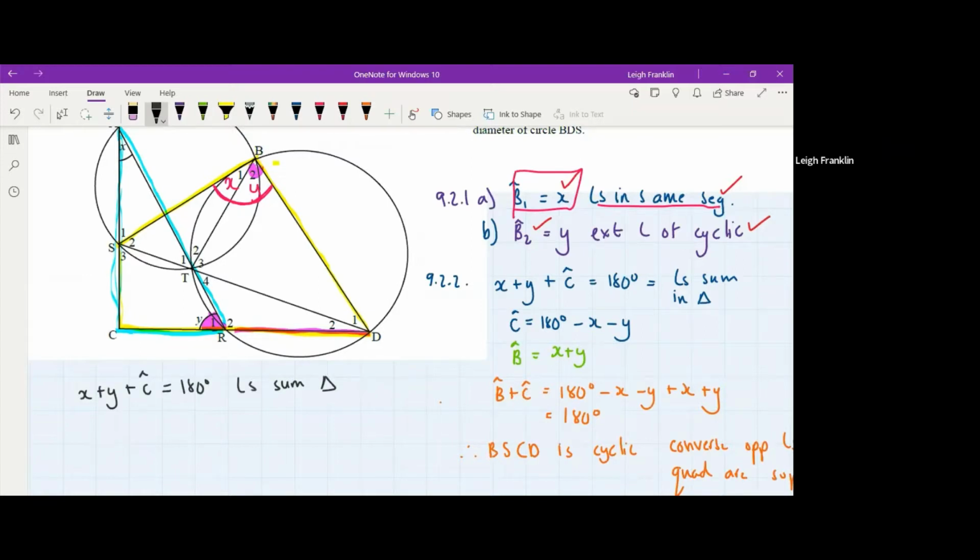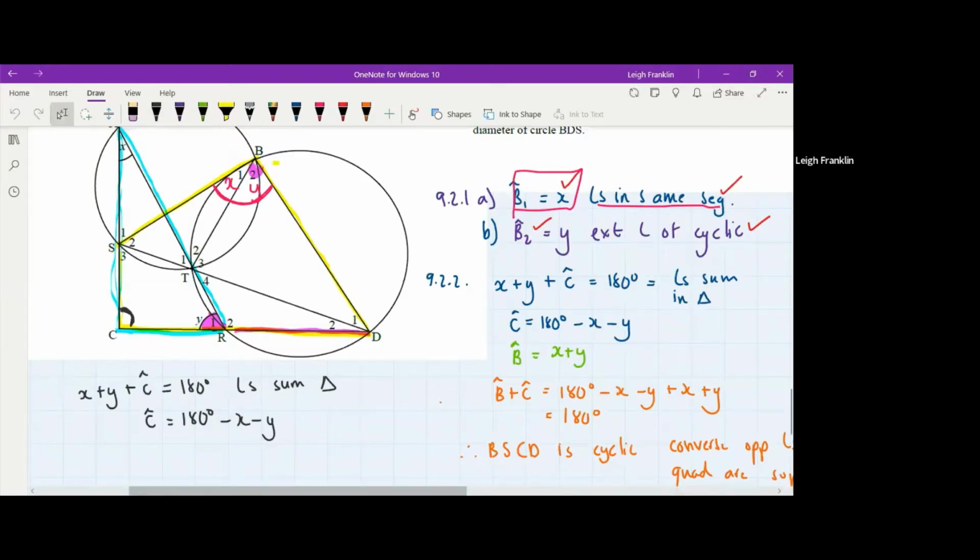That means that angle C, this angle over here, is going to be 180, taking the X over to the other side, and now taking the Y over to the other side. So C is equal to 180 minus X minus Y because of the angles of a triangle.